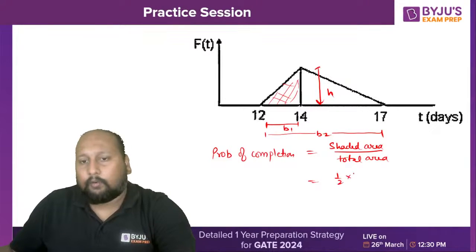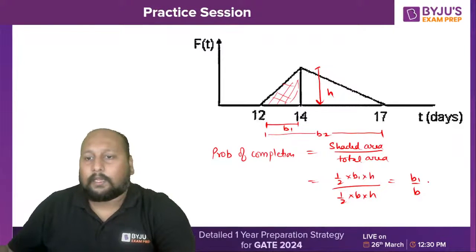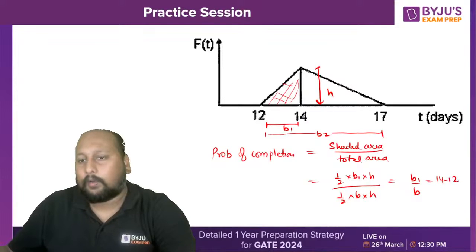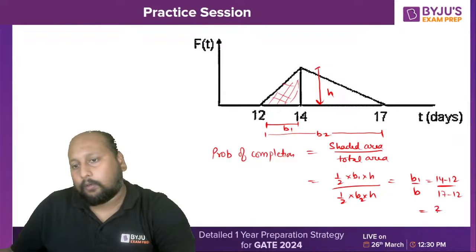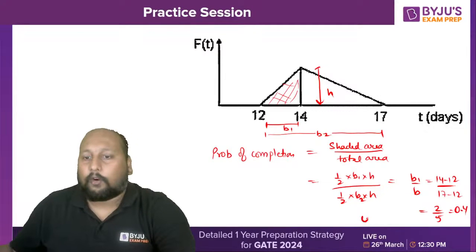Half into base into height. Total area is half into base into height. So this is nothing but B1 by B2. What is B1? That is 14 minus 12. What is B2? That is 17 minus 12. So this is nothing but 2 divided by 5. That is 0.4. That means 40%.